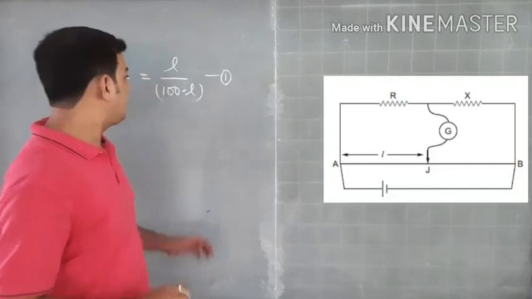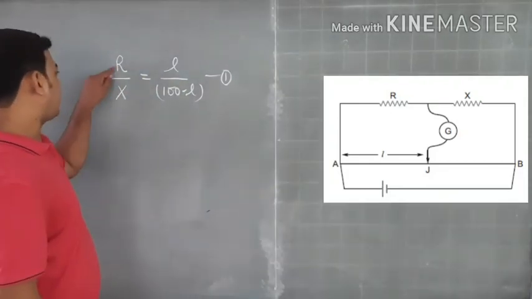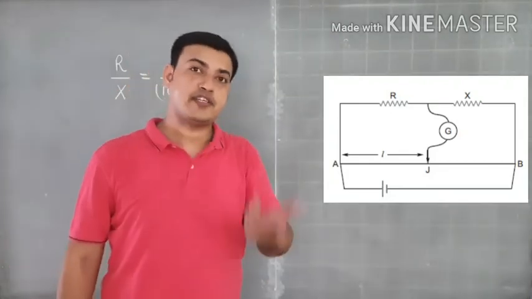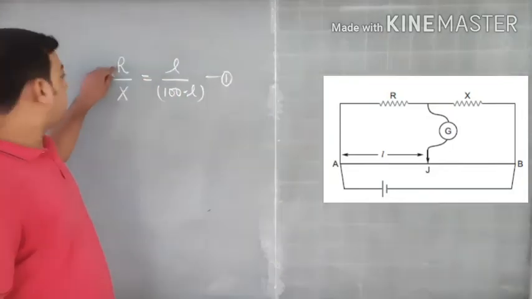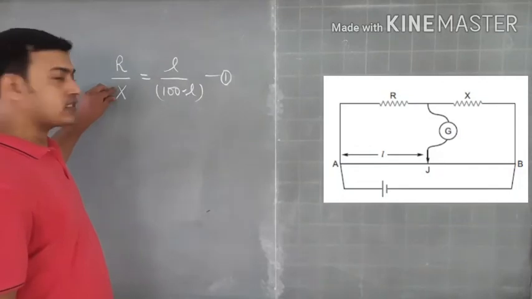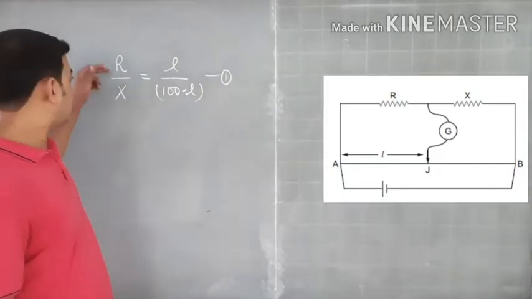Now the question says that these two, R and X, both are doubled and exchanged. So in place of R we will write 2R, and in place of X we will take 2X, because both are doubled.